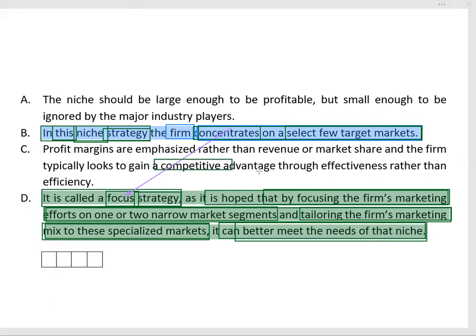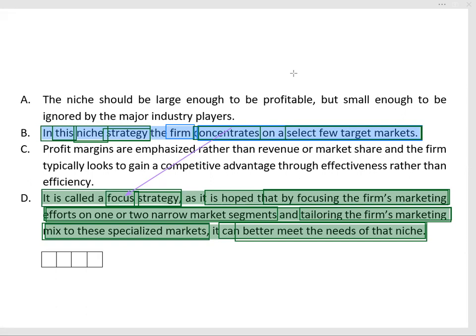Essentially, as we see here, it is to gain a competitive advantage, but let's not jump the gun just yet. Let's keep to B and D. Once we've compared these two statements in a more detailed manner, we find that B comes first and D comes later. So the two statements form a pair, but the order is BD, not DB.